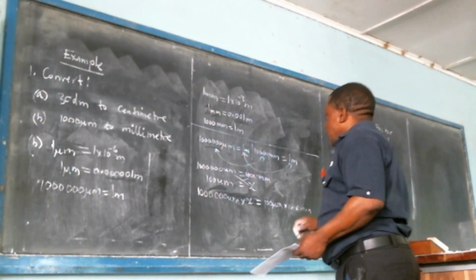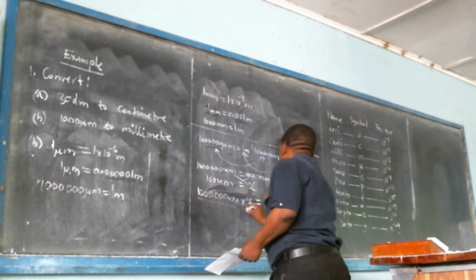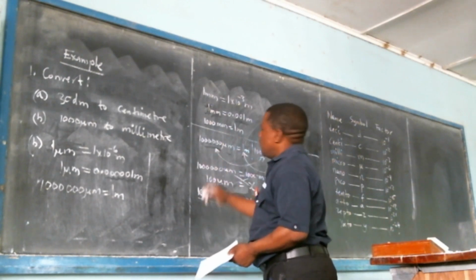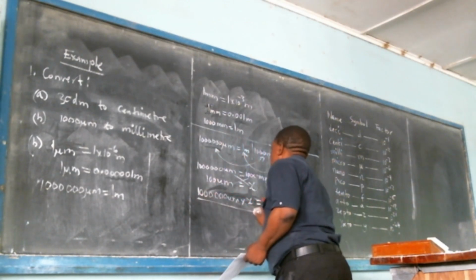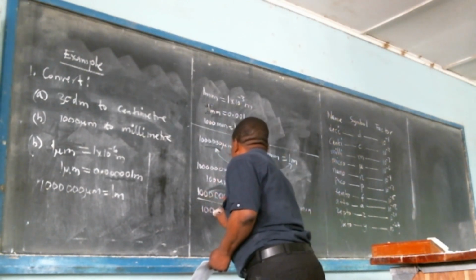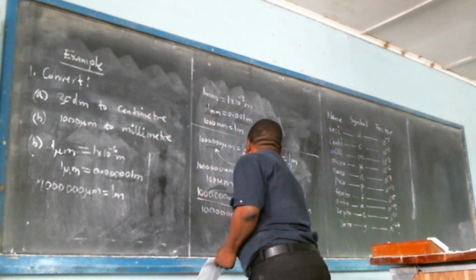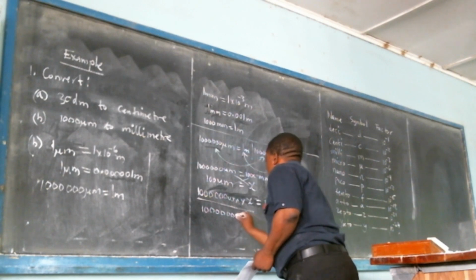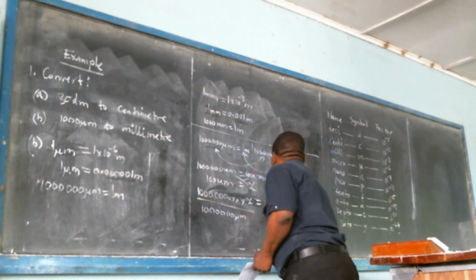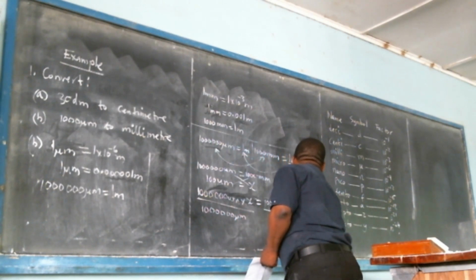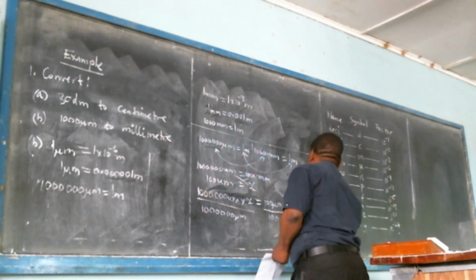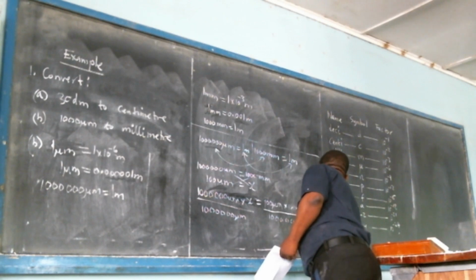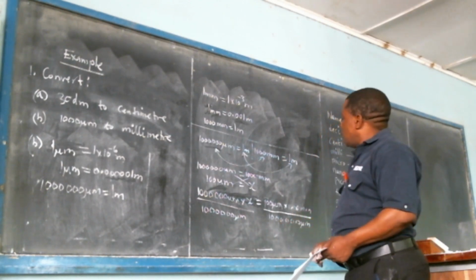Our interest is in x and the millimeter, so we divide both sides by 1 million micrometers.